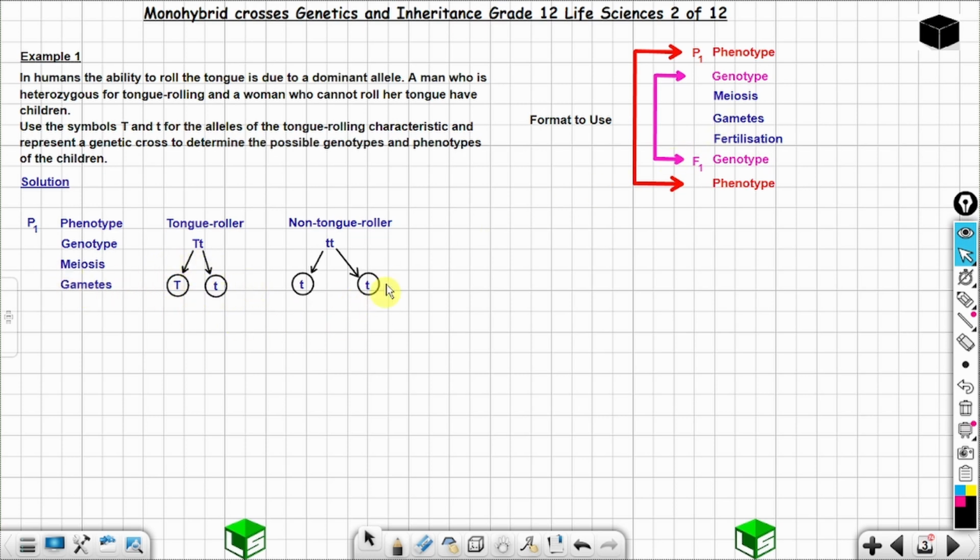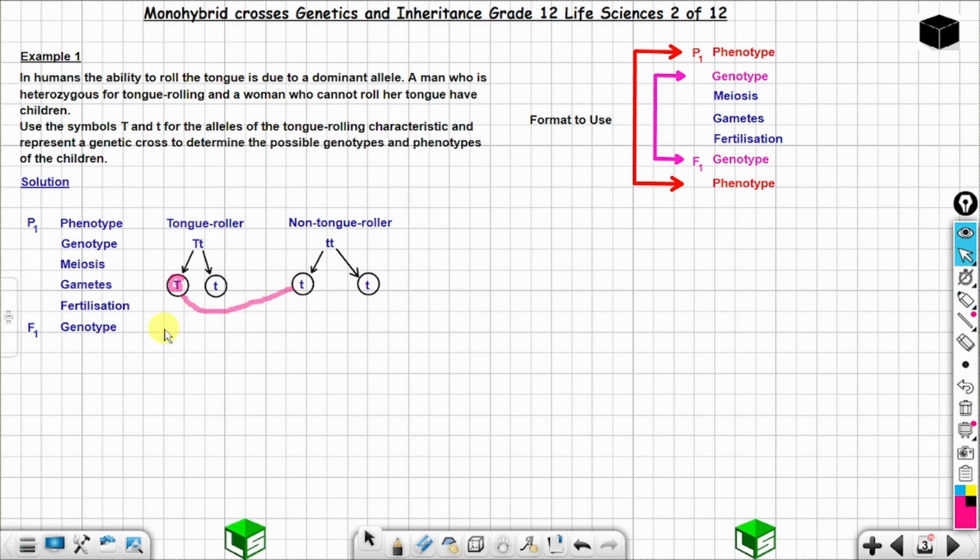Now, the gametes are going to go through fertilization so that you can have the genotype of the offspring. Okay, filial one, offspring, F1, genotype. You are going to have your genotype for the offspring. Okay, let's cross. So you are going to start with this. Okay, you cross with this.